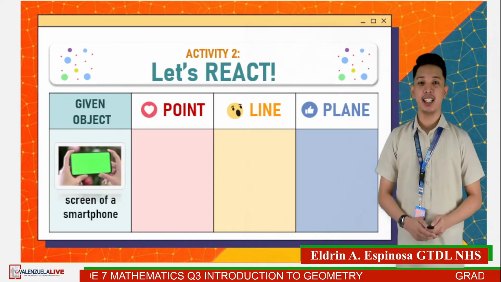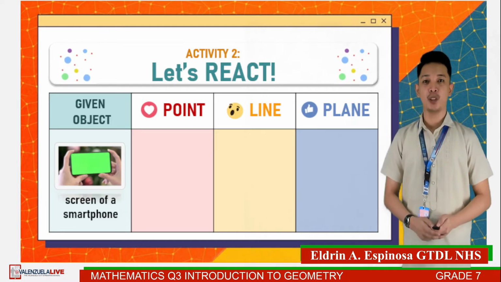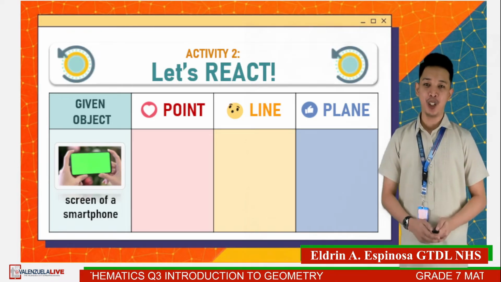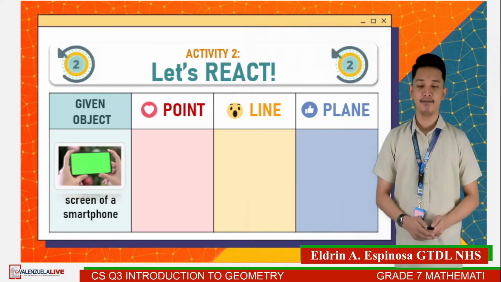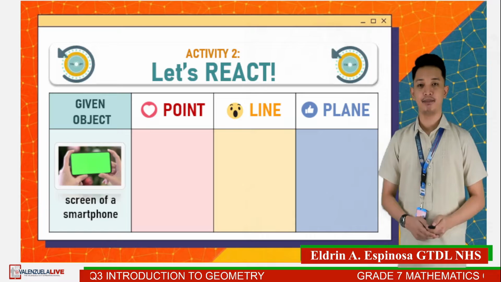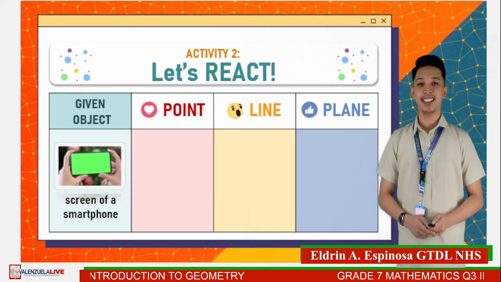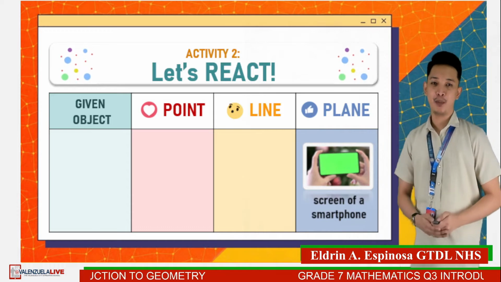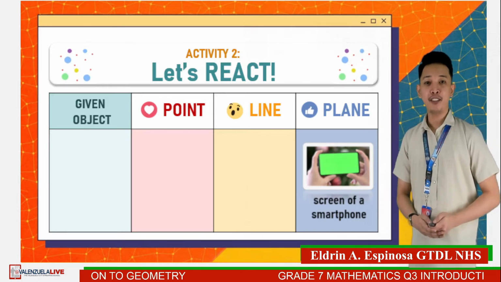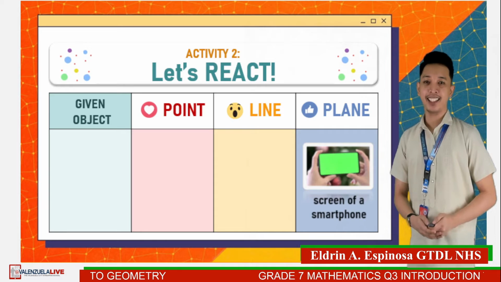Next object, a screen of a smartphone. Let's react. Go! Great! The correct answer is like, since a screen of a smartphone represents a plane.